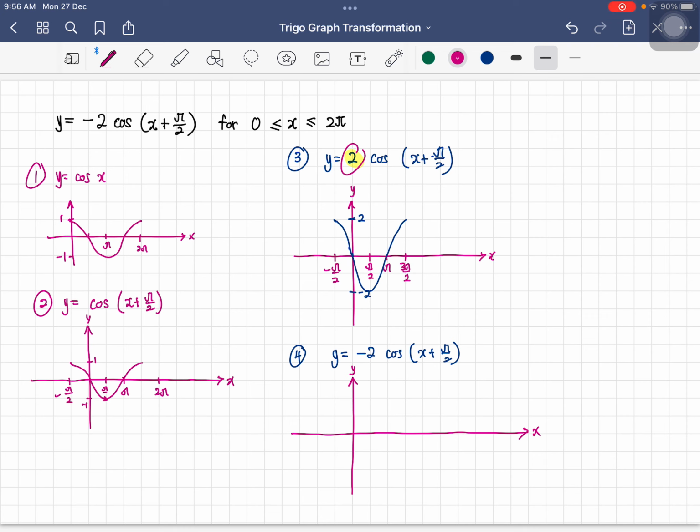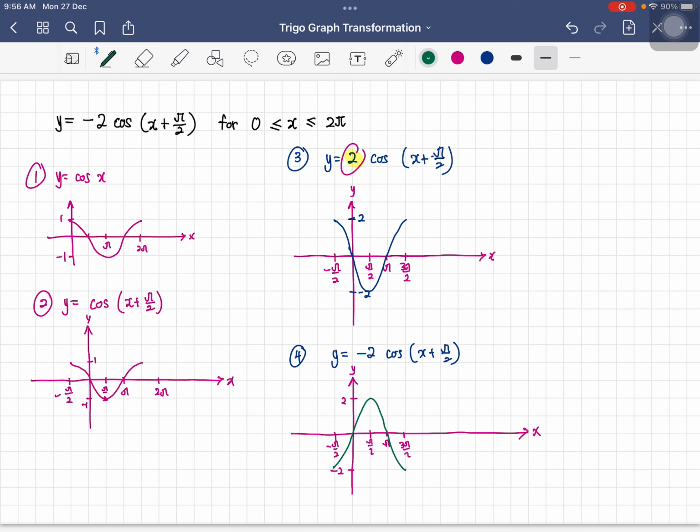I'm gonna have this one as negative pi over 2, this one is 2, this one is negative 2, this one is pi over 2, this one is pi, and 3 pi over 2. Now instead of having this one, I'm gonna mirror it about the x-axis. I'll have something like this, so my graph would look like this for this one.